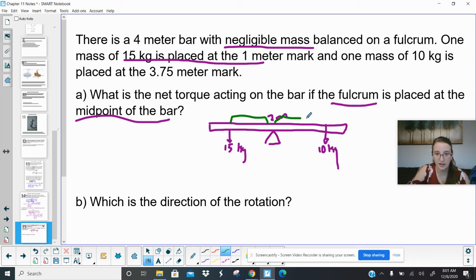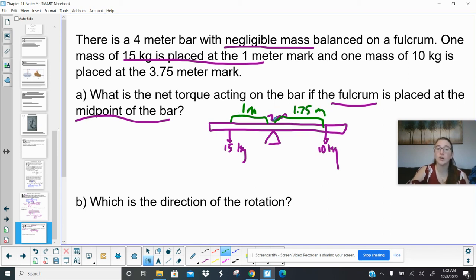Take a moment to do that. The midpoint is 2 meters in, and we know where the 15 kilogram was placed and where the 10 kilogram was placed. Go ahead and label these distances. Okay, well, if we are 1 meter in here, this is another 1 meter to get to 2 meters. And to get from 2 to 3.75, that's 1.75.